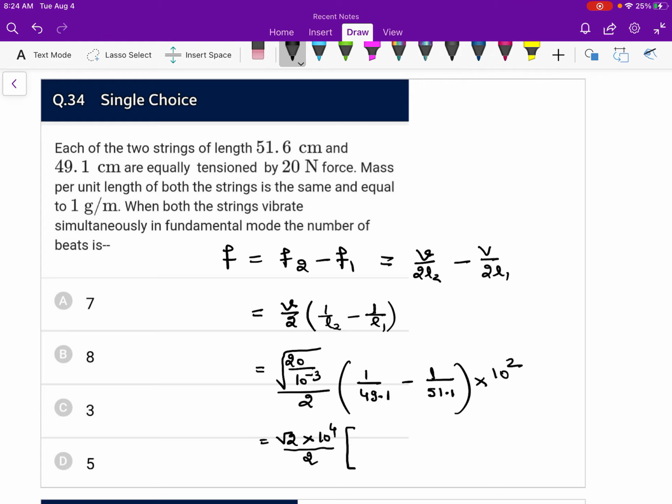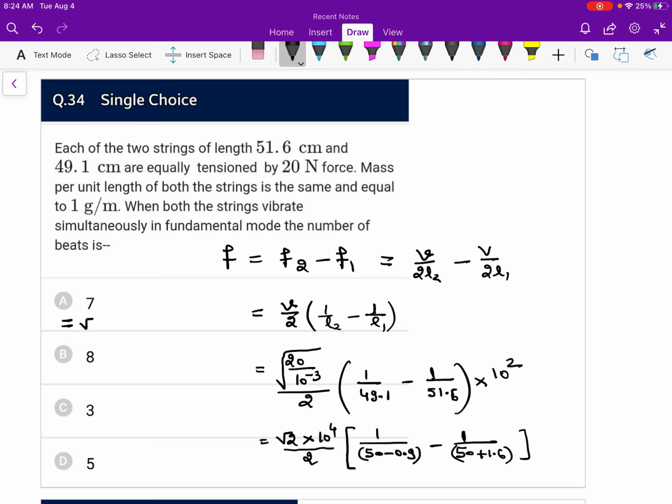So now we need to calculate 1 upon 49.1 minus 1 upon 51.6. So I am going to do binomial approximation. I'll write it as 50 minus 0.9 and 50 plus 1.6. Okay, so now let's take 50 common.